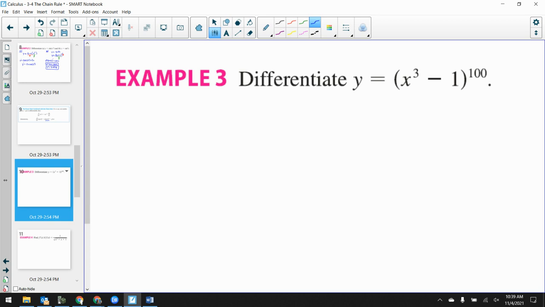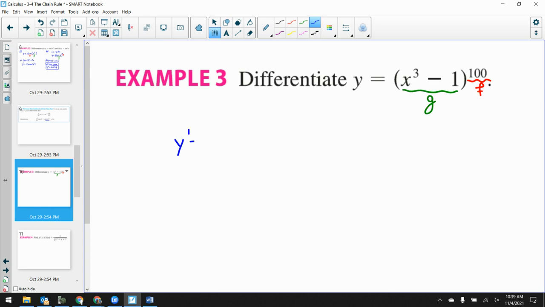Y is equal to x to the third minus 1 to the 100th power. So the 100th power is my f. This is my g. Work outside in. So how do you find the derivative of something to the 100th power? It would be 100 times something to the 99th, right?